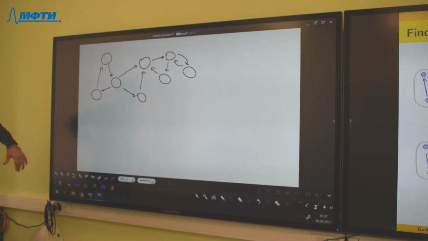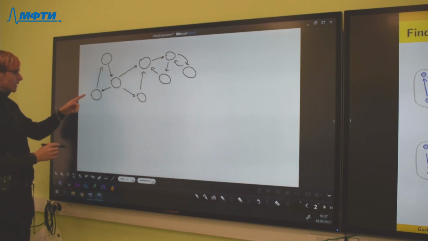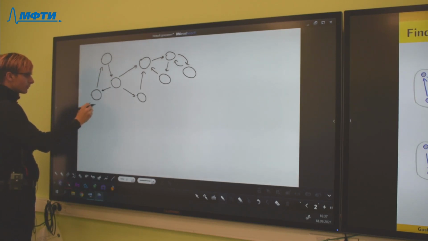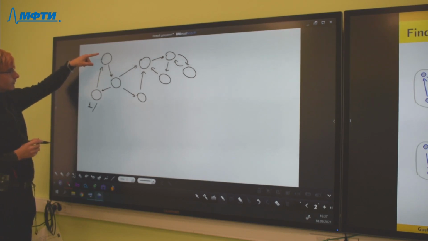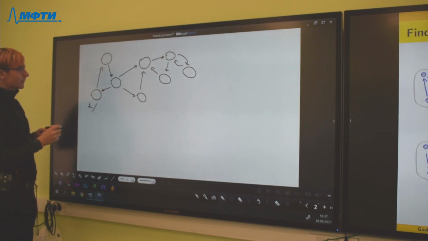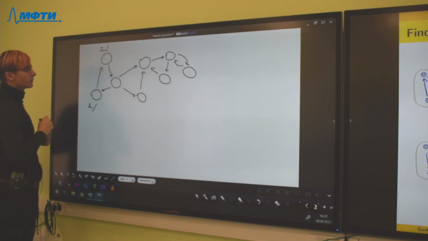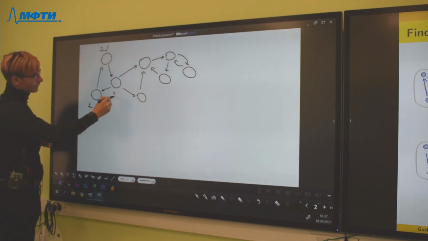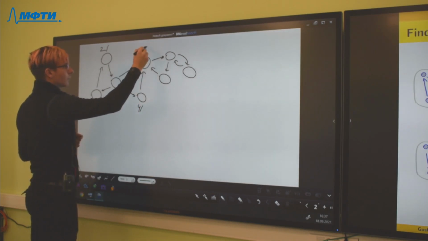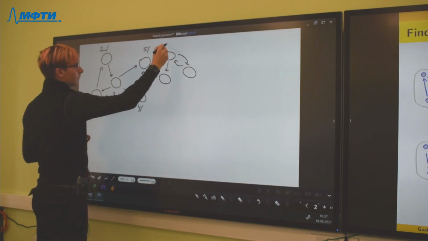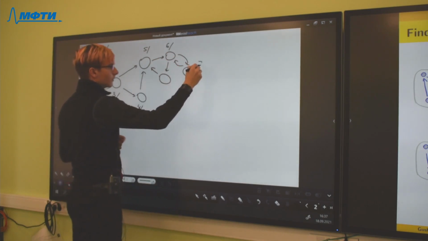For example, we have this graph initially, and we will start with, for example, this vertex. We open it, then we see that there is an unexplored vertex adjacent to it. Then we see this adjacent, this, this, and this.